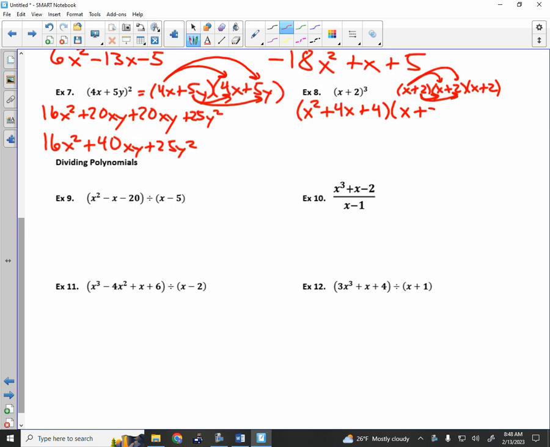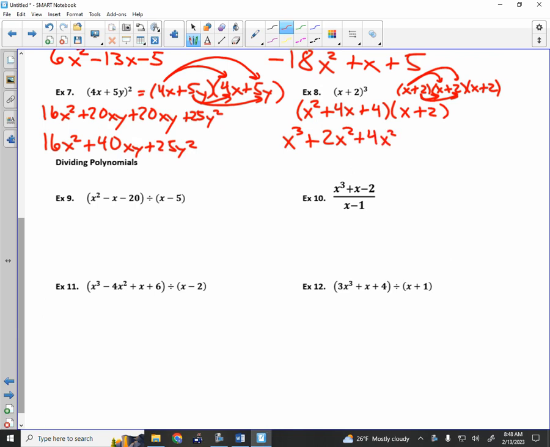So I still need to multiply that by x plus 2. x squared times x, x cubed. x squared times 2, 2x squared. Once I'm done with the x squared, I move on to the 4x. 4x times x is 4x squared.